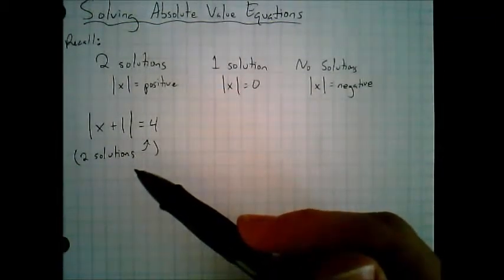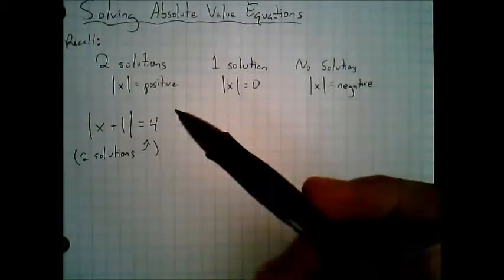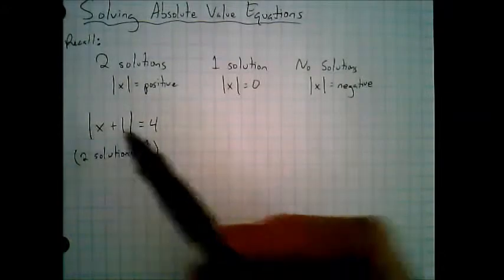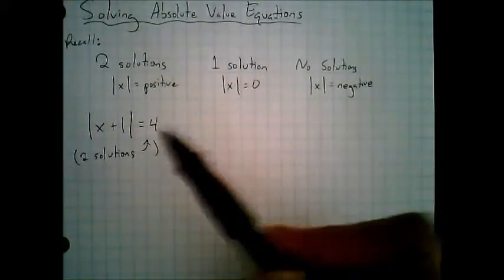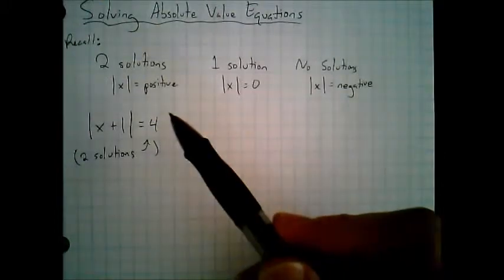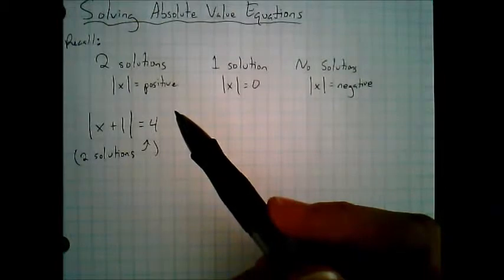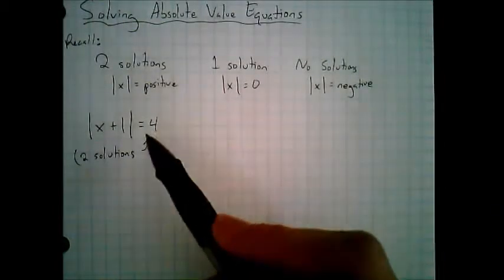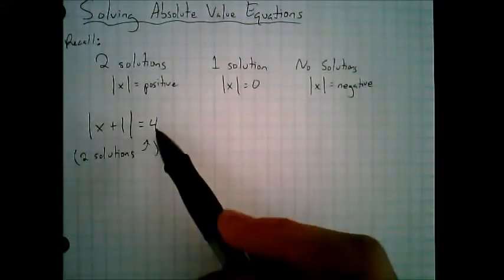But we have to figure out that other value of x. It's not negative 3, because negative 3 plus 1 is negative 2, and the absolute value of negative 2 is positive 2, not 4. We want to get 4. So what is it? Well, let's think through this. I know I'm taking the absolute value of something and getting 4. Well, 3 plus 1 is 4 and the absolute value of 4 is 4.